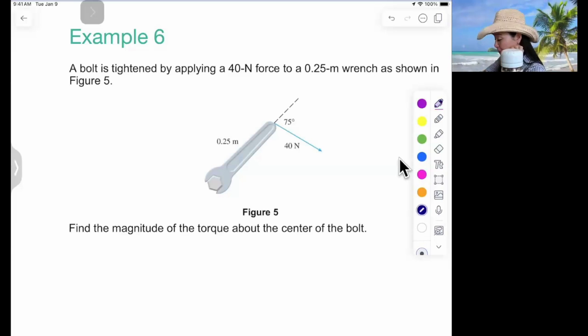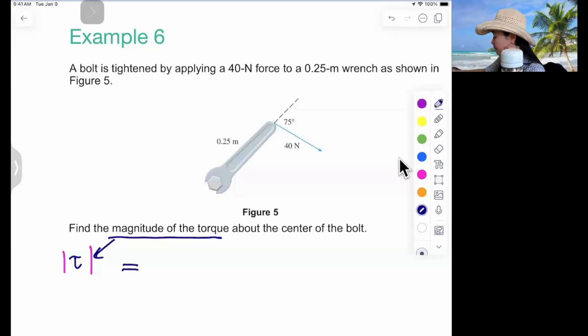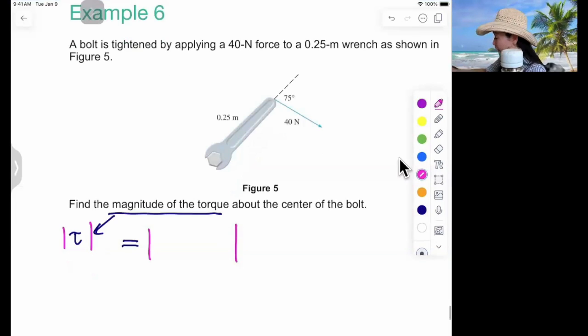I'm looking for the magnitude of the torque, right? Torque, it looks like a T, but this is the magnitude of the torque. And that's equal to what? Magnitude of what? R, yes, very good. R, and then what?